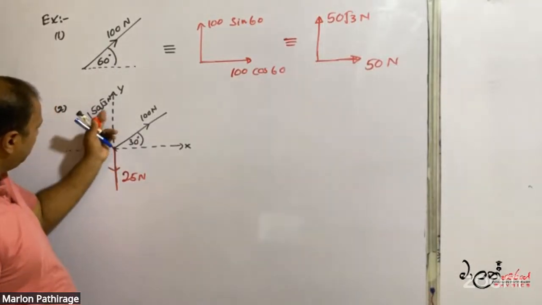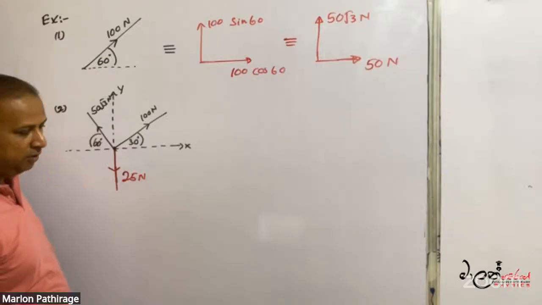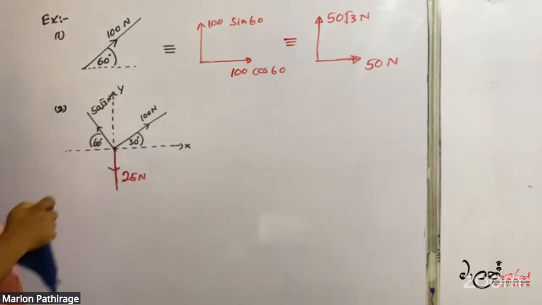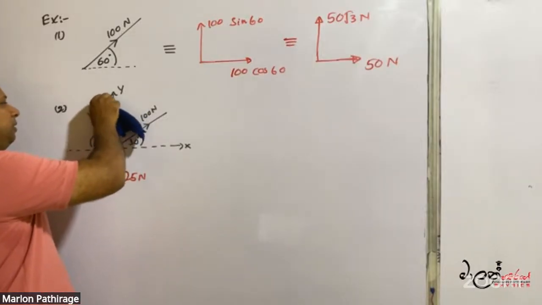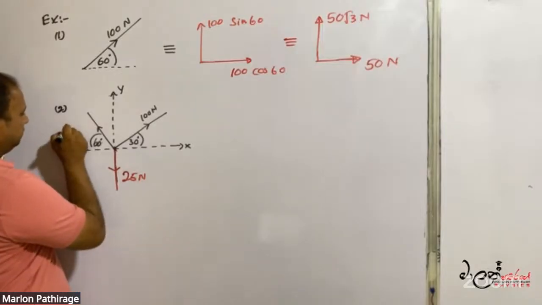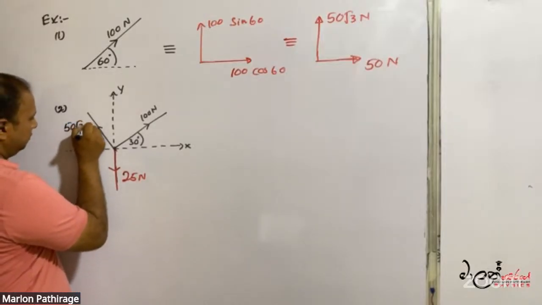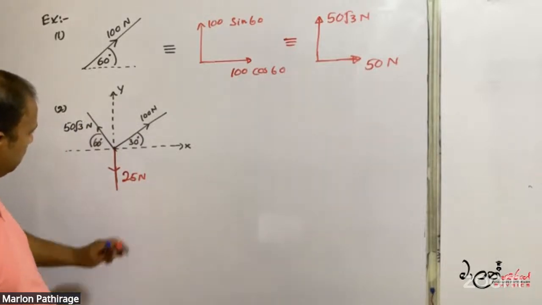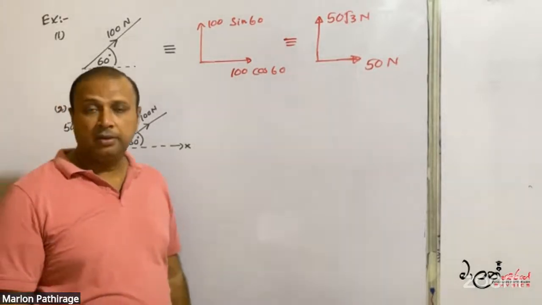The other one is 50 root 3 Newton. This one is 50 root 3, this one is 50 root 3 Newton. And this one is 25 Newton, in the downward direction.